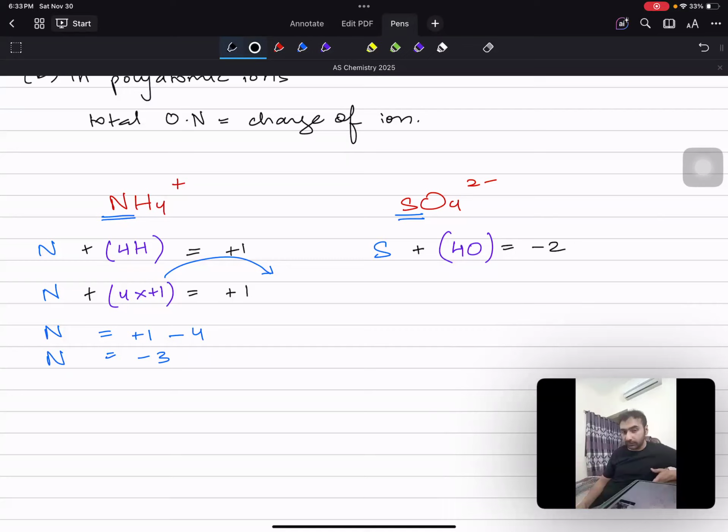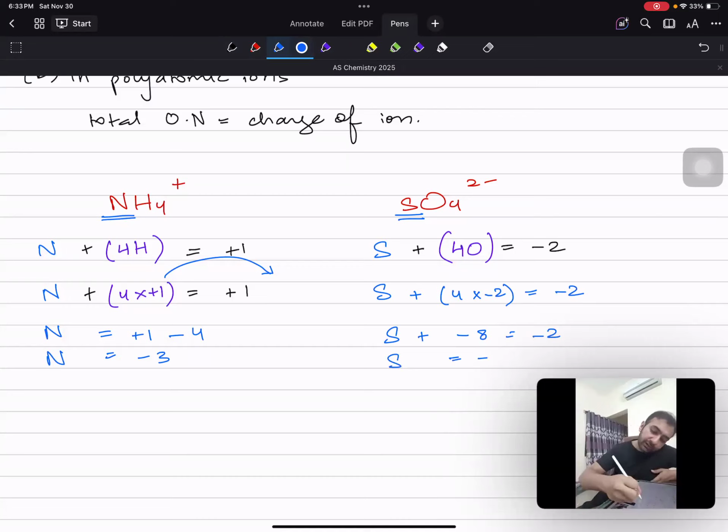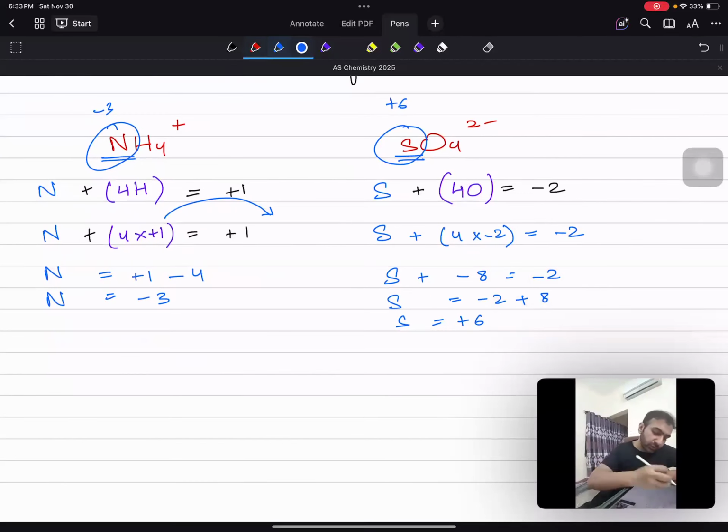I don't know about sulfur, but I do know that each oxygen is -2, and there are 4 of them, so 4 times -2. Sulfur plus -8 is equal to -2. Sulfur is equal to -2 plus 8, which is +6. So sulfur's oxidation number here is +6. Nitrogen there was -3. Let's take another example to clarify this understanding.